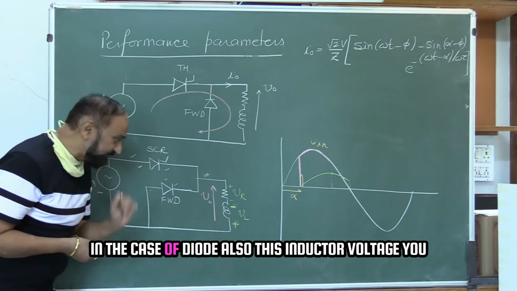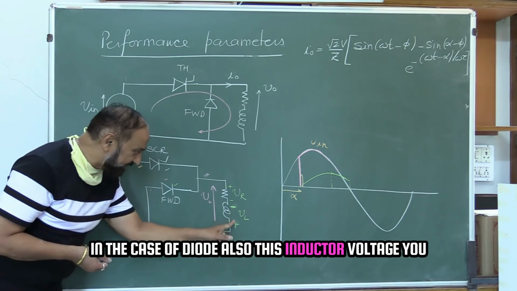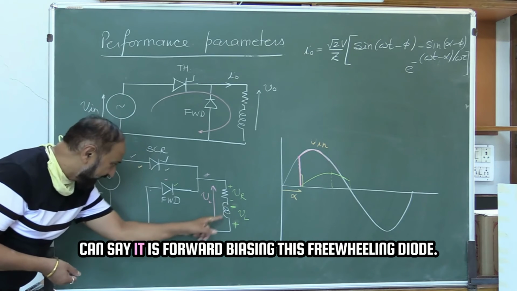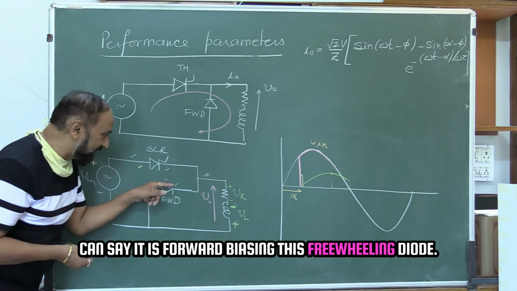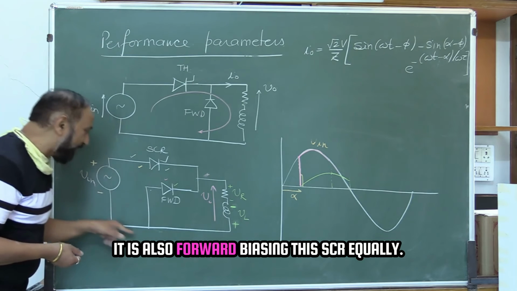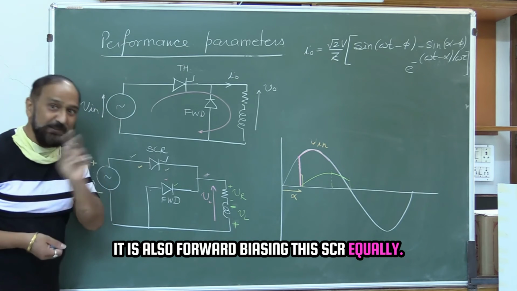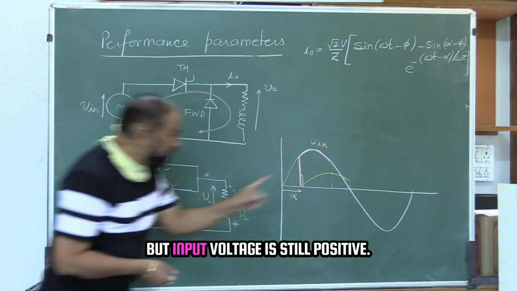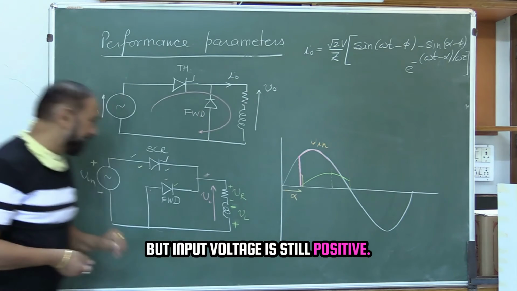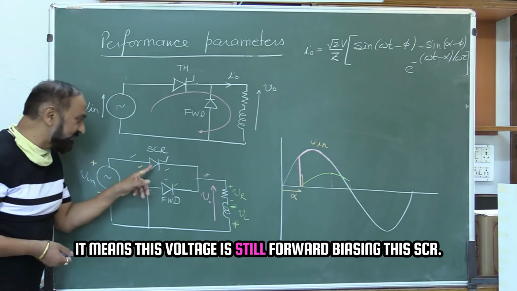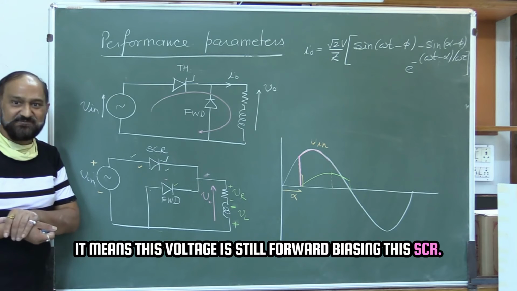In the case of the diode also, this inductor voltage is forward biasing this freewheeling diode, it is also forward biasing this SCR equally. But input voltage is still positive, it means this voltage is still forward biasing this SCR.